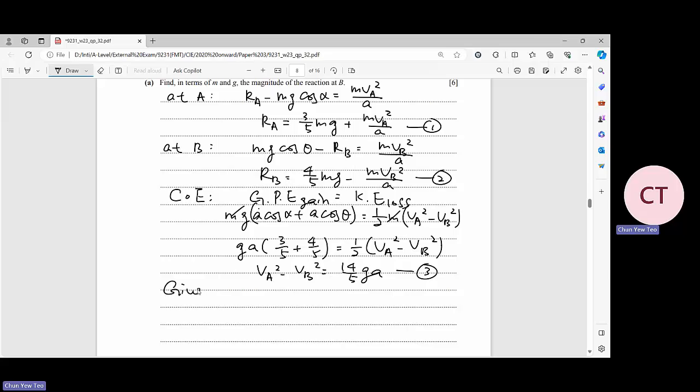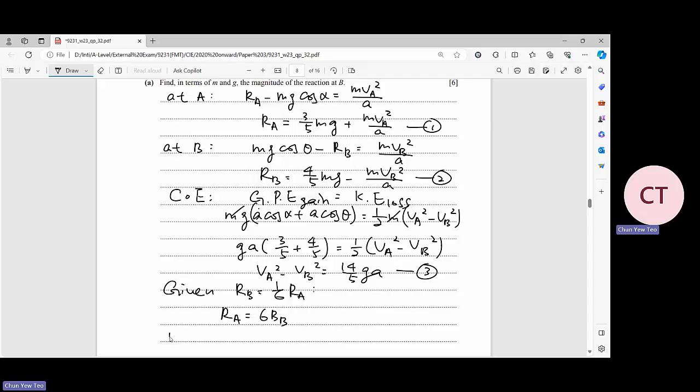Then given that RB is equal to 1 over 6 RA, this is what they give you. So you have RA equal to 6 RB. Substitute them inside from equation 1 and equation 2.